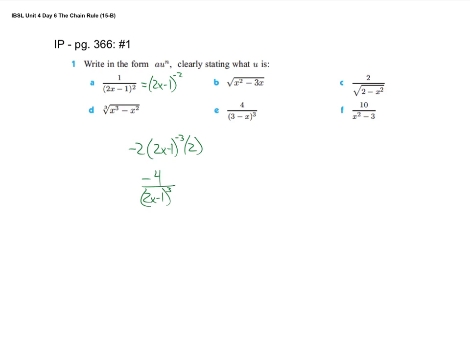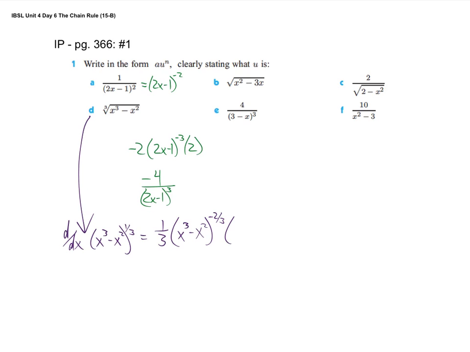Even with something like, say, d, we have x cubed minus x squared to the 1/3 power. The derivative of that with respect to x is going to be 1/3 times that something to the negative 2/3. The something stays the same, but then I have to multiply that by 3x squared minus 2x, the derivative of the inside.